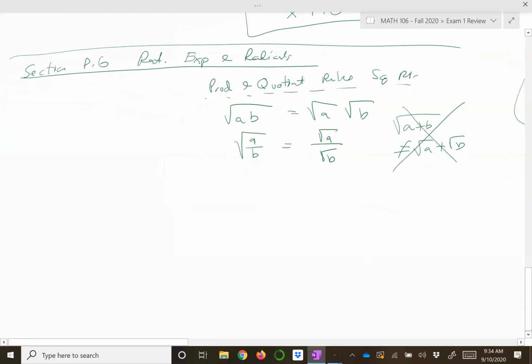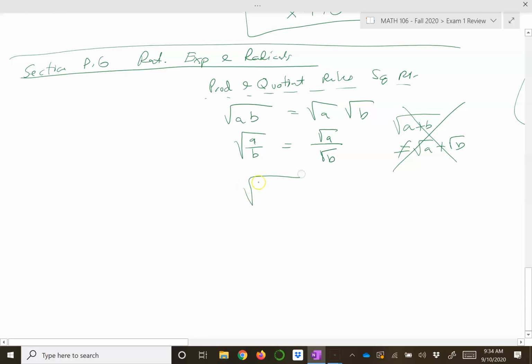So basically, you're simplifying expressions. I'll give you something from the notes and change it up a little bit.